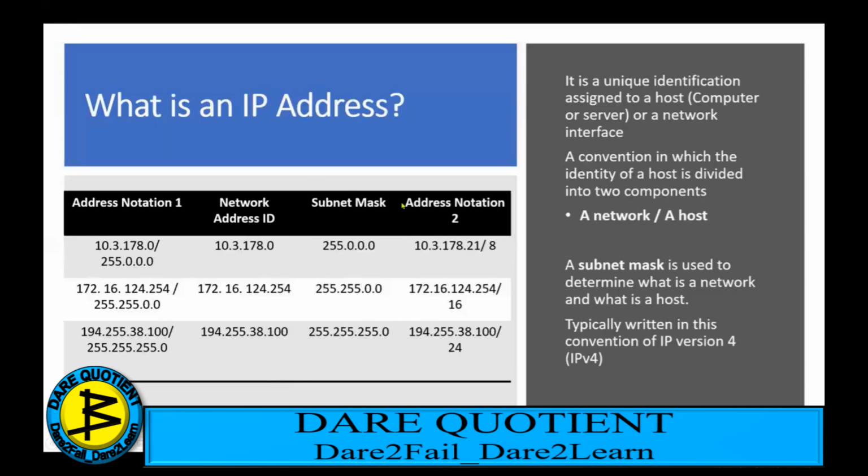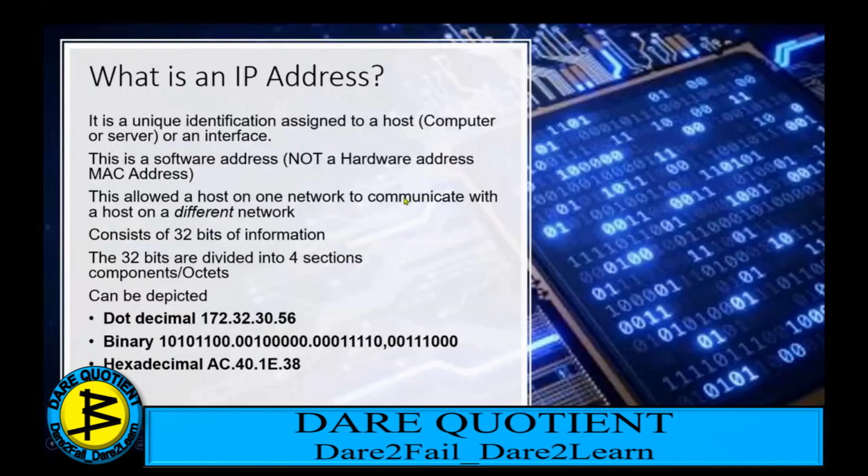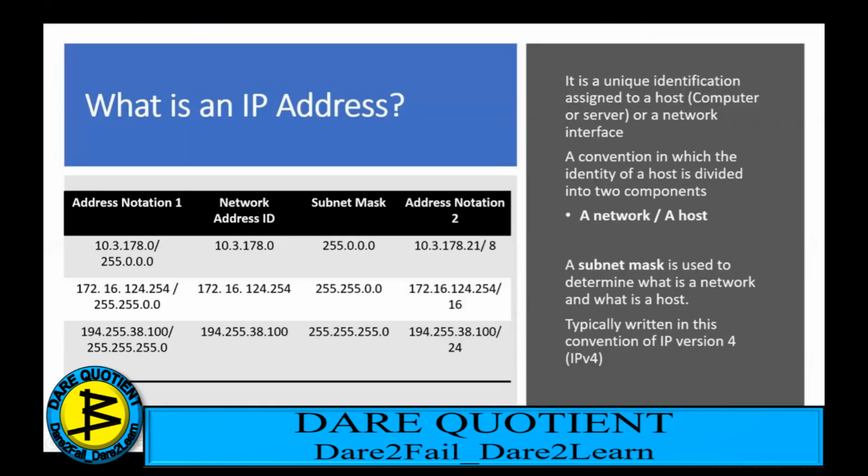So we have different IP addresses, which are unique identifiers for a host, which could be a computer or a server. And these IP addresses are used to identify the host by giving it 2 different components. You have the host and you have a network.